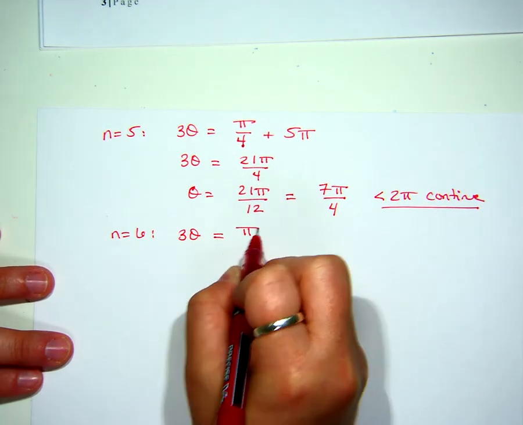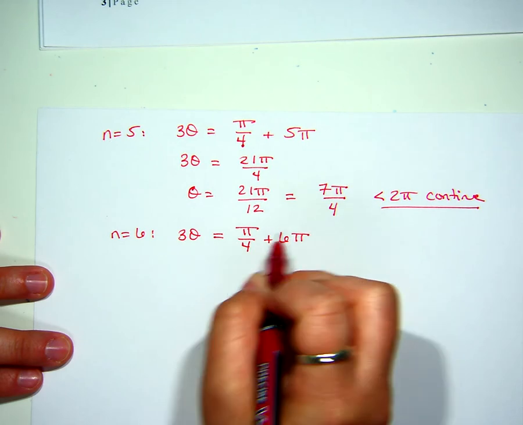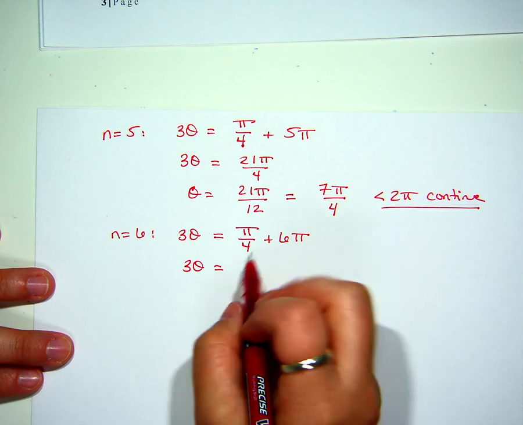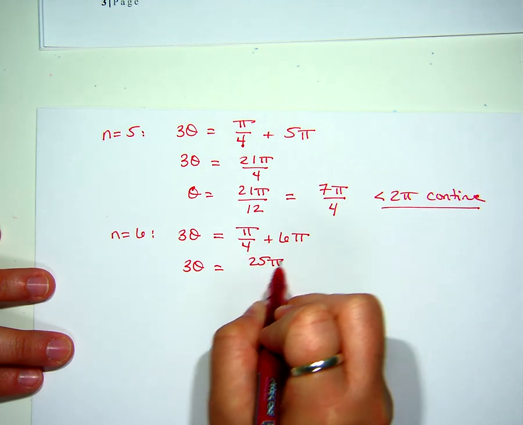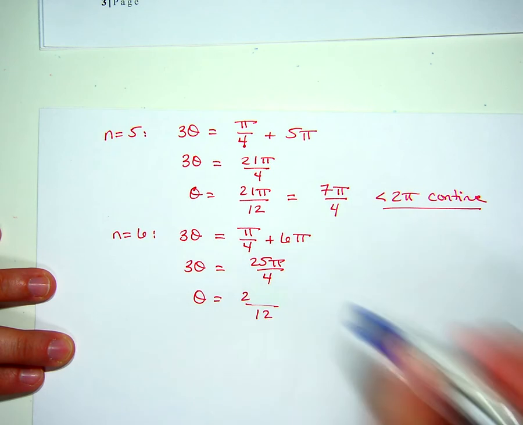Let's look at n equals 6, and this is how we're going to know we're done, okay? 3 theta equals pi over 4 plus 6 pi. 3 theta equals 25 pi over 4. Solve by moving the 3 over by dividing. 25 pi over 12. This is how we know we have finished.